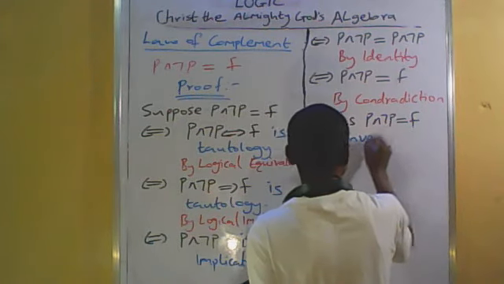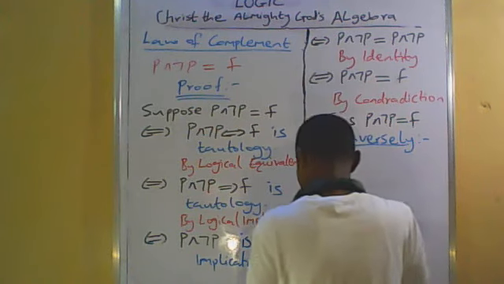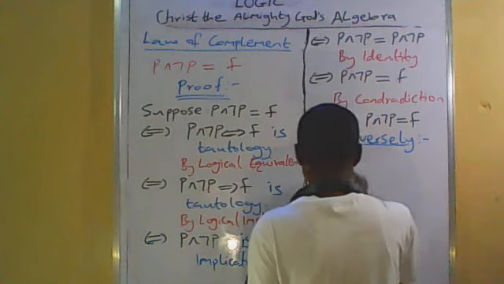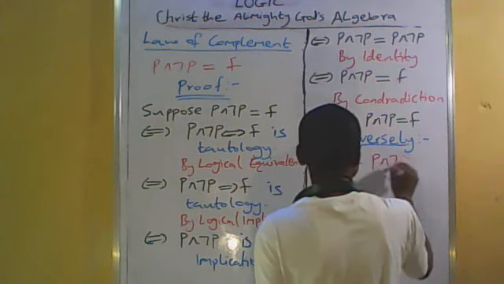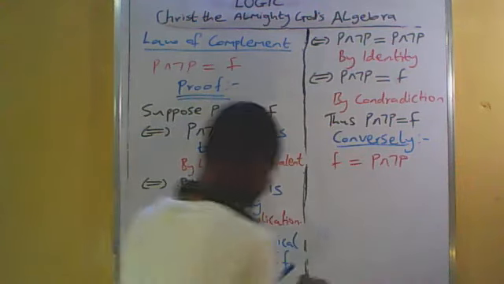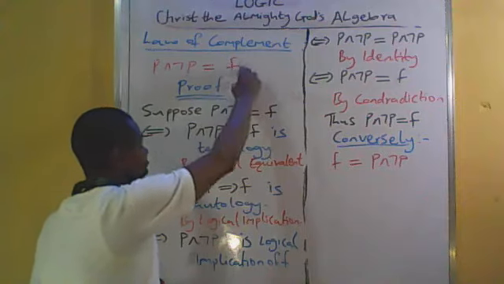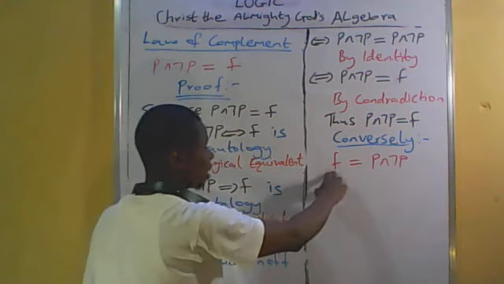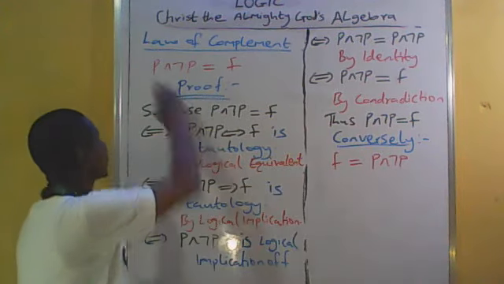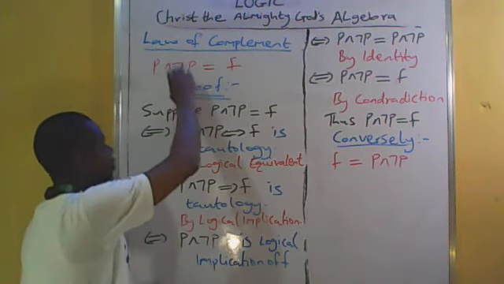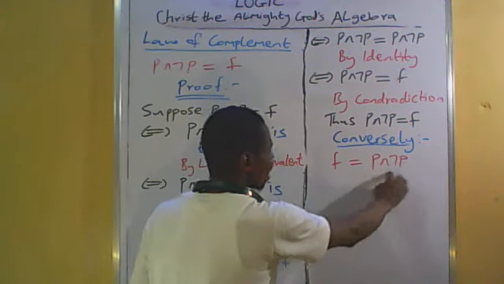Conversely, F is equal to P and not P. You have seen that this F that is at the right side of the equation has now become F at the left side, and P and not P at the left side has now become P and not P at the right side.